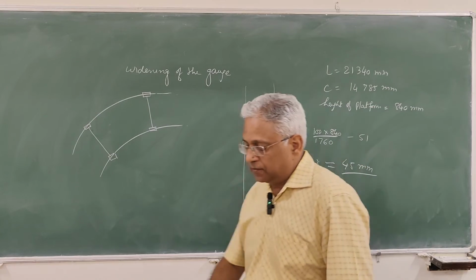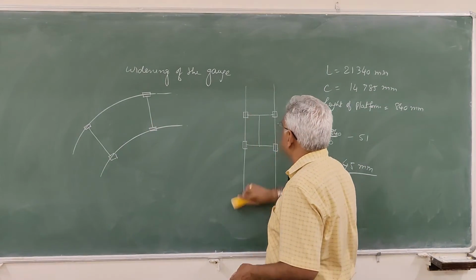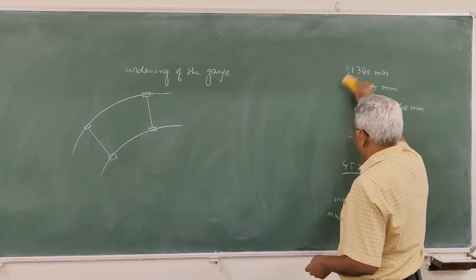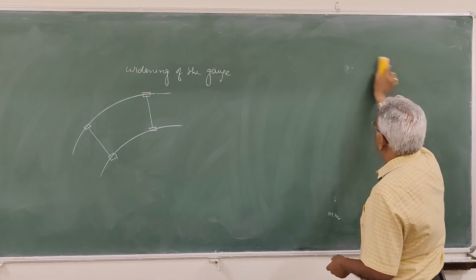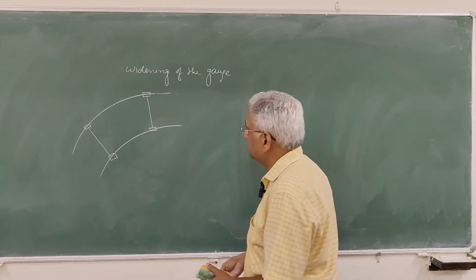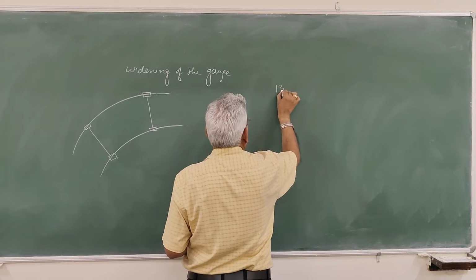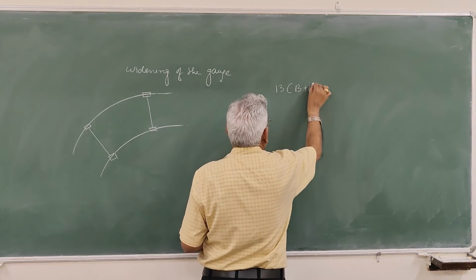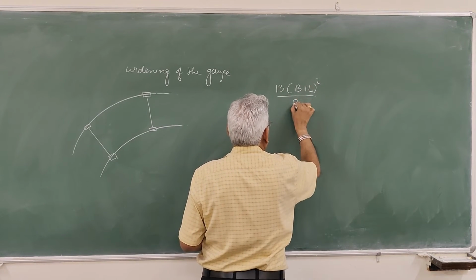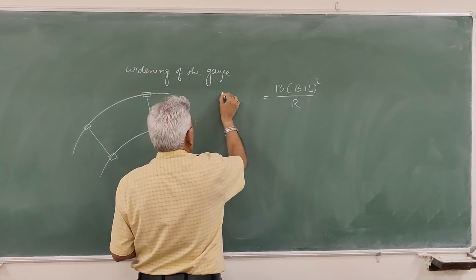The equation which is used to determine the widening of the gauge or extra gauge width on horizontal curve is 13(B + L)²/R. This is the extra widening.